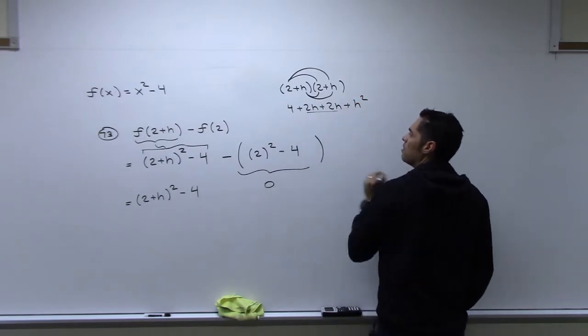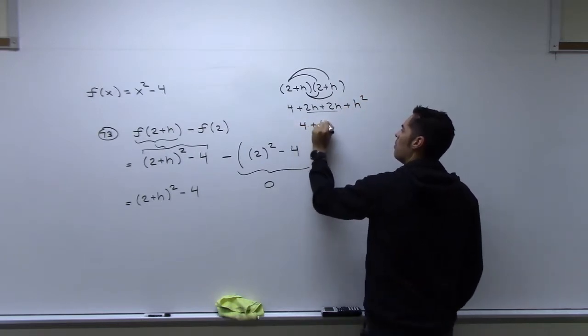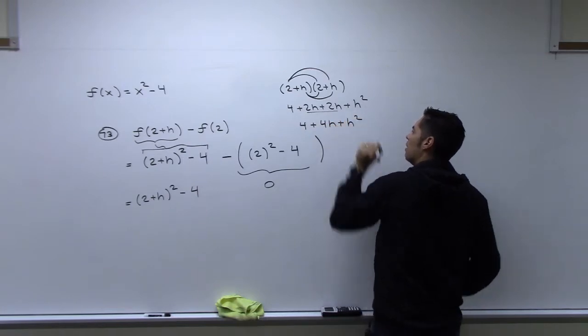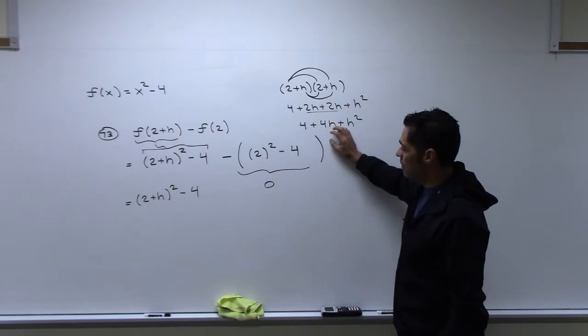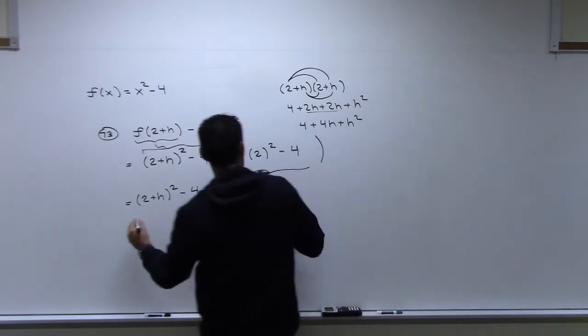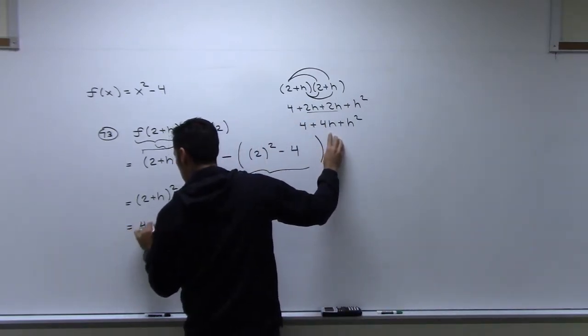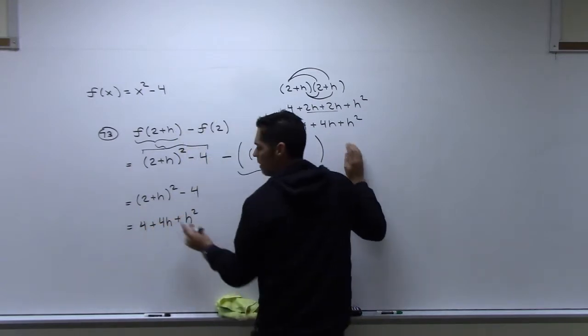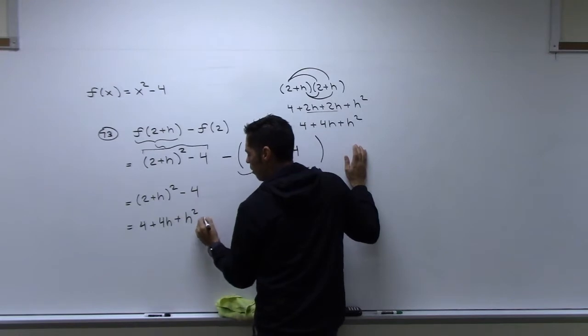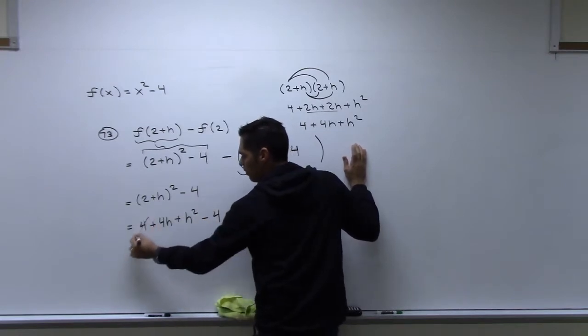These two are like terms. Put them together. 4 plus 4h plus h squared. So that's what we get when we square that right there. So let me go ahead and place that here. We have 4 plus 4h plus h squared. That's just this. And then we still have minus 4. And notice that these 4's cancel.